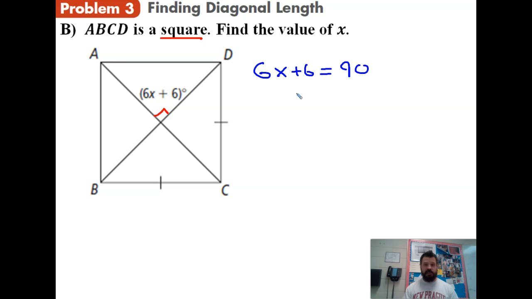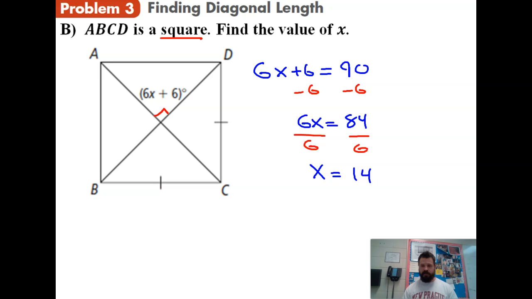Let's solve that for x. I'm going to subtract 6 from both sides, which will give me 6x is equal to 84. And we'll divide both sides by 6 to end up with x is equal to 14 for this one here.